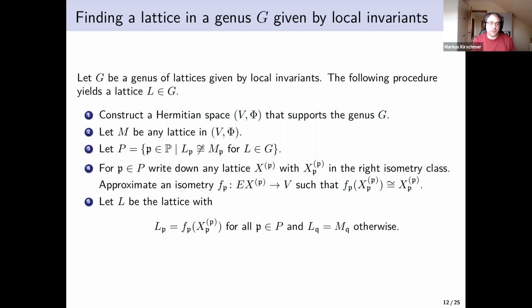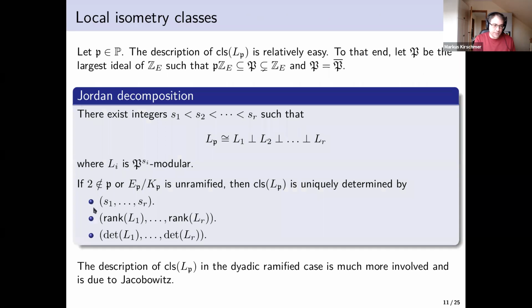Now we come to the question that, well, you have given a genus by locally explaining to me how this decomposition looks like. Yeah? At almost all places, this will be only one integer. So at almost all places, this will be s_1 equals 0, and the determinant then will be the determinant of the embedding space.